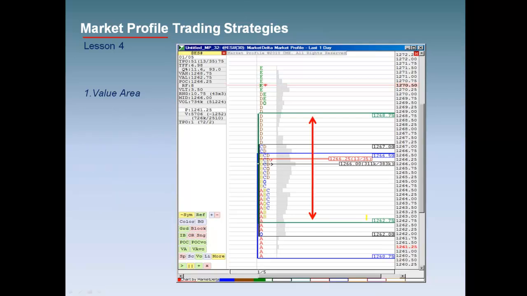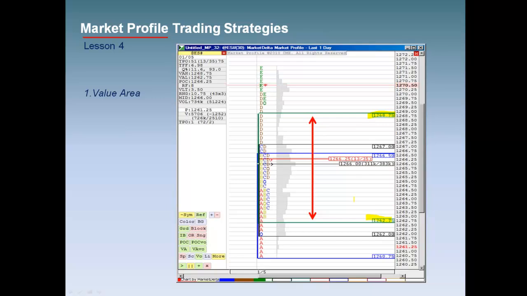The bottom limit on our value area that we see is 1262.75, and the top limit is 1268.75. Now, the reason I want to highlight these numbers for you is they're going to become important reference lines for us. So it's not just enough to be able to identify the value area, but you need to also be able to identify the parameters of the value area, where it is an extreme at the low and where it is at the extreme at the top.